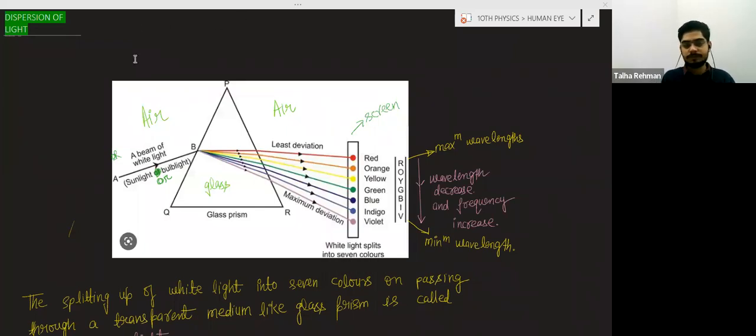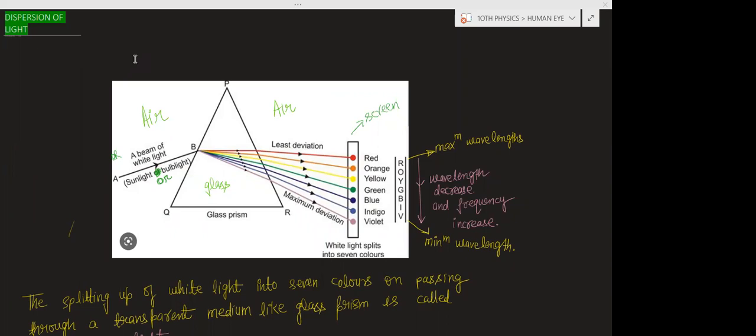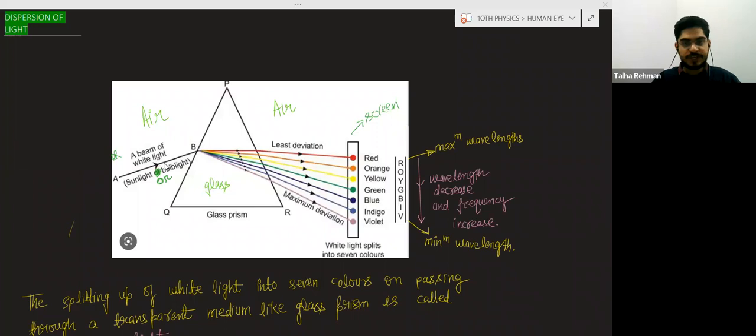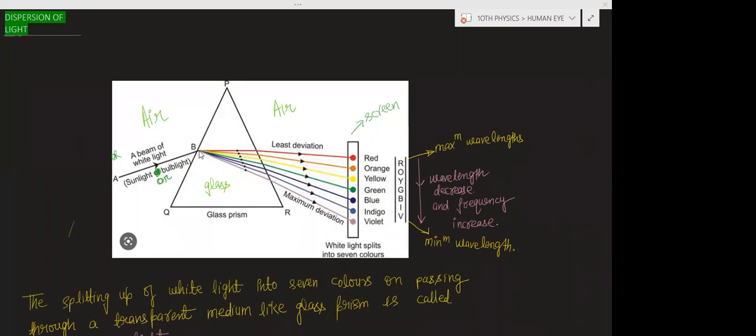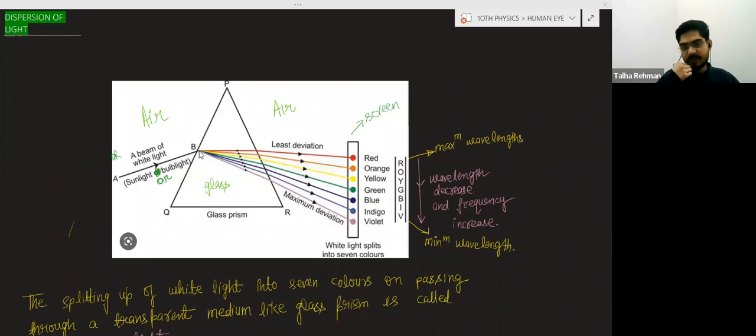Hello, Azaan. Can you tell me what is the reason of dispersion of white light?